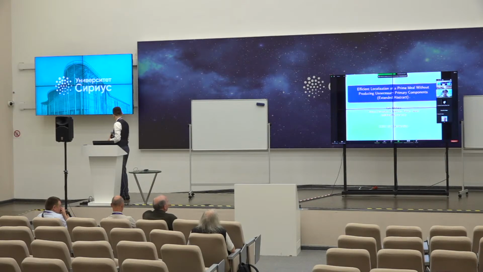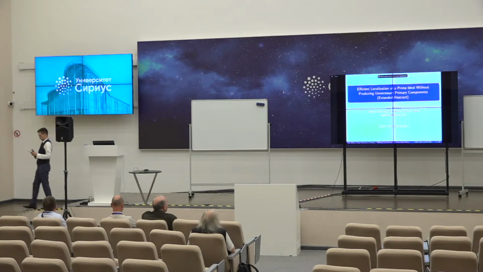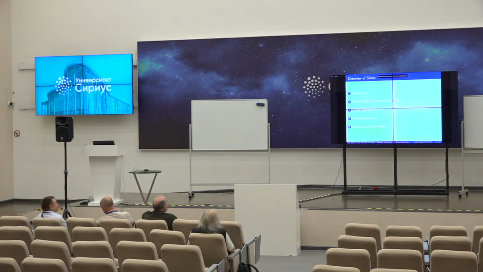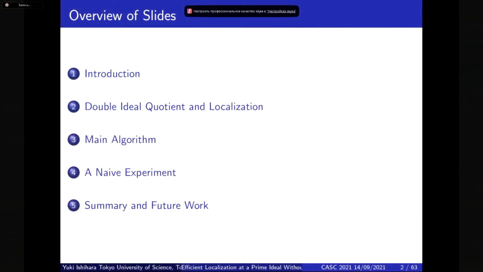First of all, I am very thankful that I have this opportunity to present my extended abstract, on efficient localization at a prime ideal without producing unnecessary primary components. Here is an overview of my slides. First, I explain some background of my research.